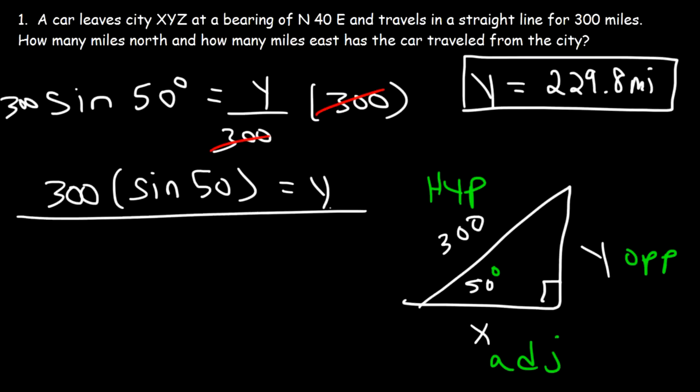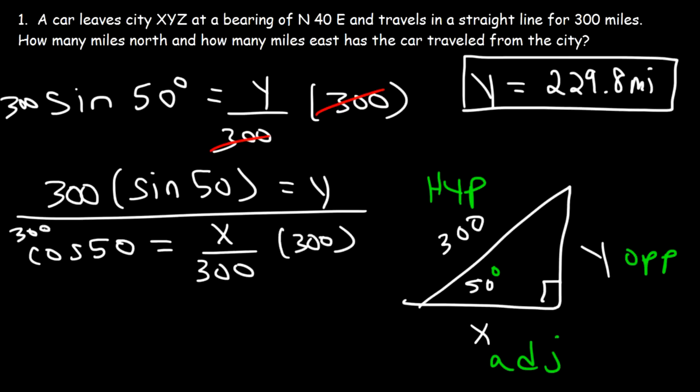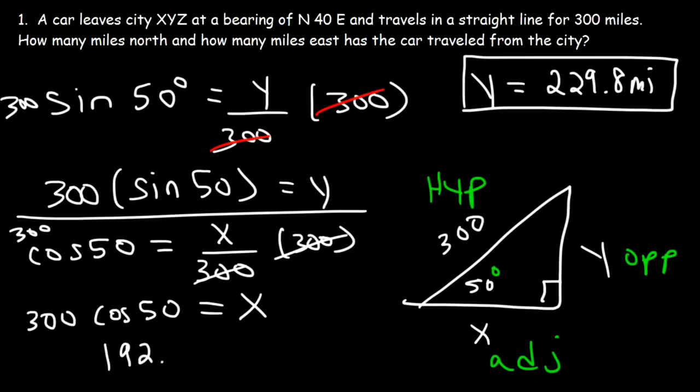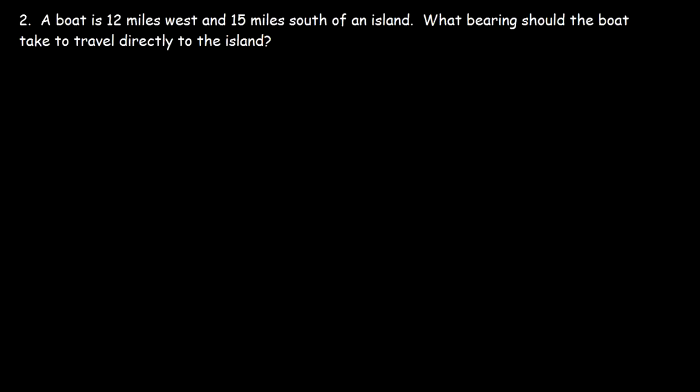Now let's see how many miles it traveled east. We need to find x. Cosine 50 is equal to the adjacent side x divided by the hypotenuse. So we've got to multiply both sides by 300 again. So 300 cosine 50 is equal to x. And so that's going to be about 192.8 miles. So that's how far he traveled east relative to city XYZ.